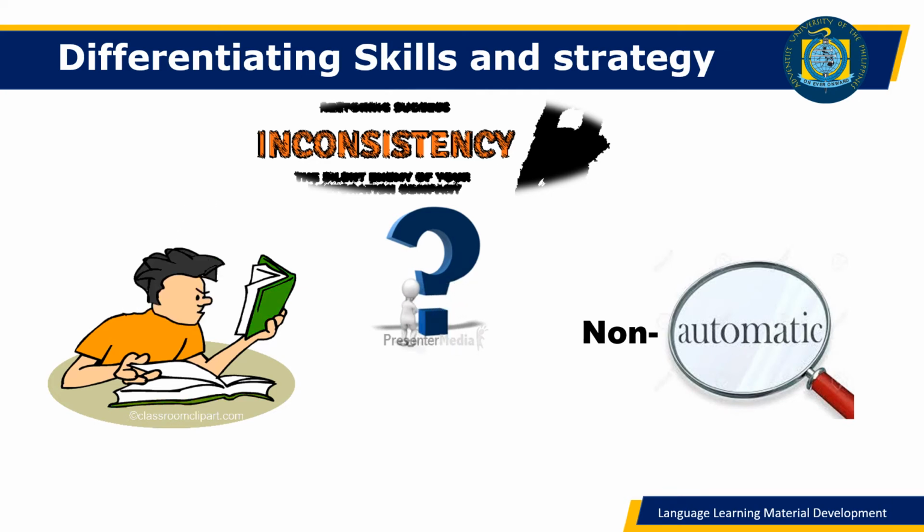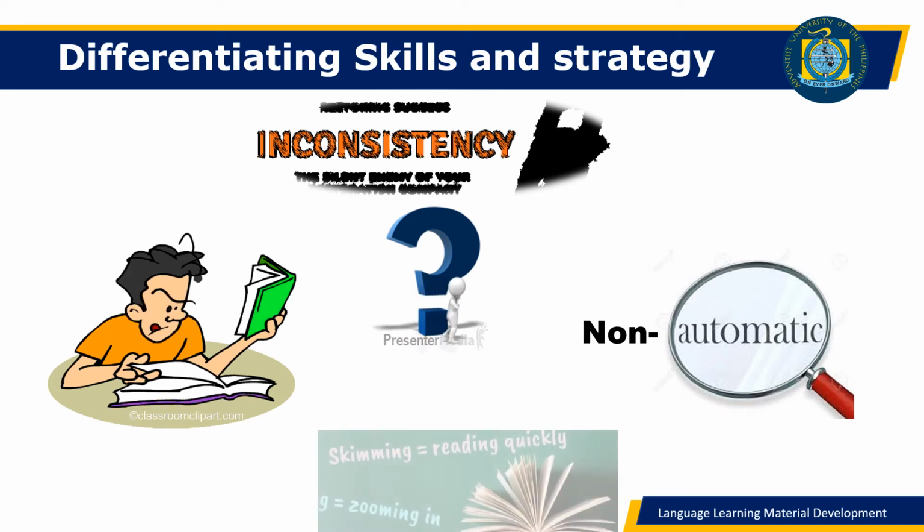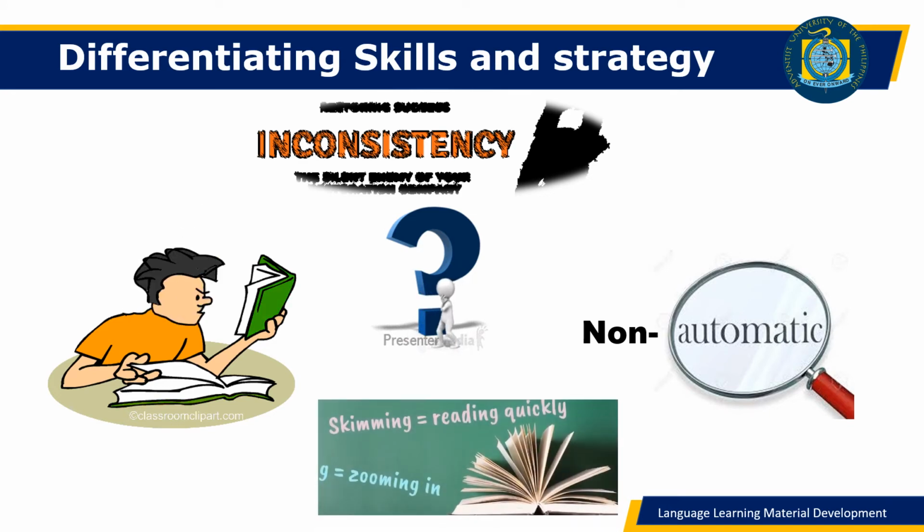Therefore, it counts as a skill if you follow the definition by Richards and Rogers. Note that if we subscribe to another definition of skills as acquired mental abilities, the behavioral nature of skimming may be categorized as a strategy and not a skill. No wonder confusion between skills and strategies persists.